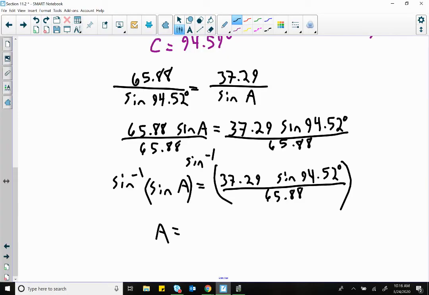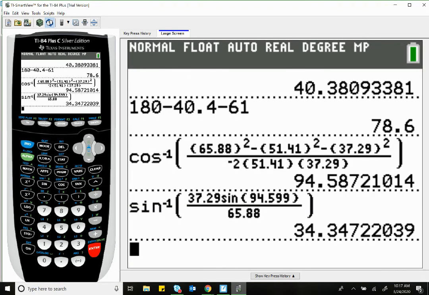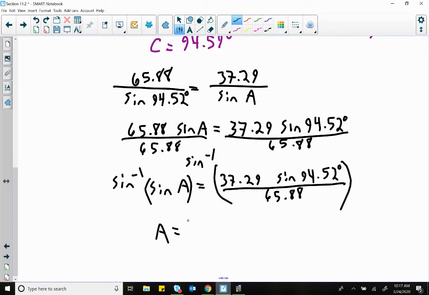Let me double check. Yep. Hit enter. And there is angle A. 34.35, because the 7 hit says, hey, 4, go up. 34.35.